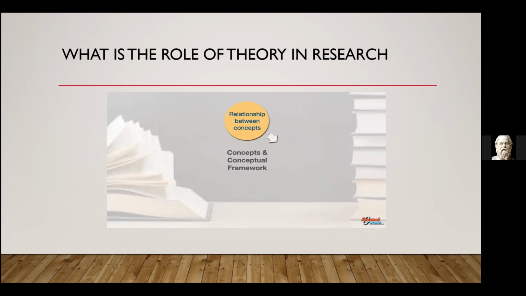But before I get to that, allow me to ask this question. Somebody has sent me a direct message and is saying, what should we start with? Should we pick variables from literature and look for theories to explain them? Or should we start by analyzing the theories and pick or draw concepts from the theory?